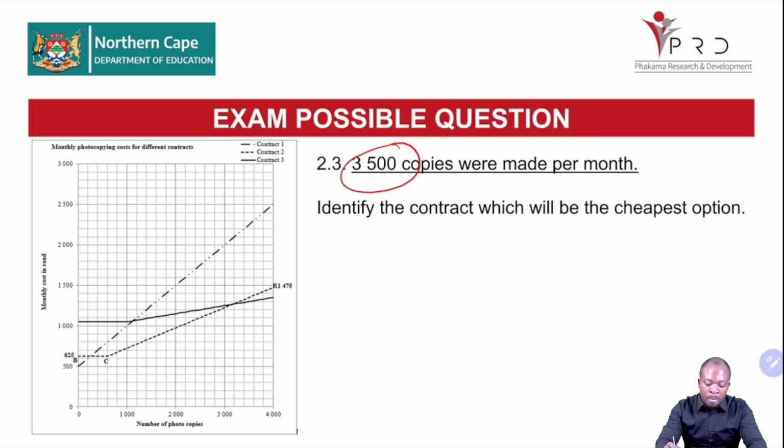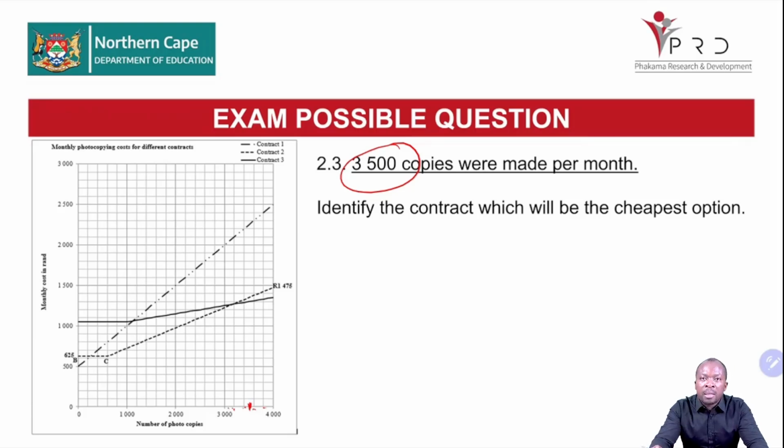So you look for 3,000. Can you see we have small lines in between? How many are there? 1, 2, 3, 4. So it means that each line is about 200, like 3,200, 3,400, 3,600, 3,800, 4,000. But they're saying we are making 3,500 copies, so somewhere here.